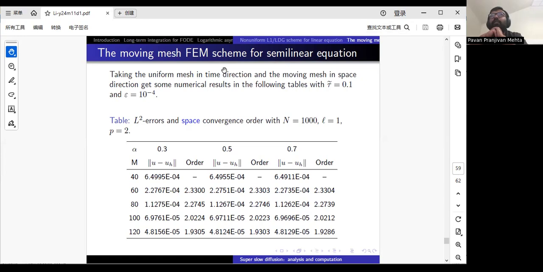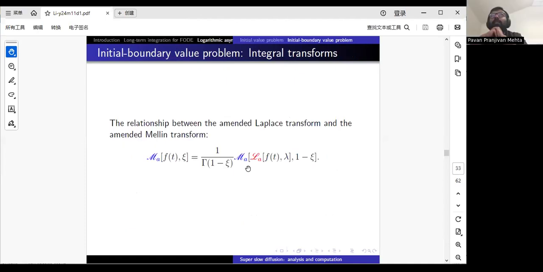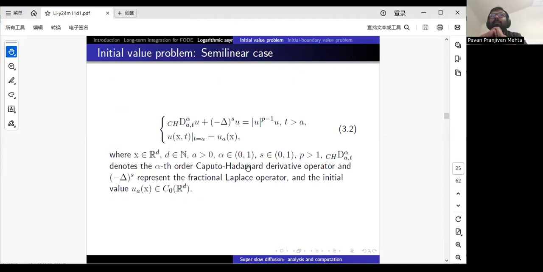I have one curiosity. For your case of the LDG scheme, what is the basis function that you are using? We can see we give the null space of the Caputo derivative and the Caputo-Hadamard derivative. No, I'm asking what is the basis function.